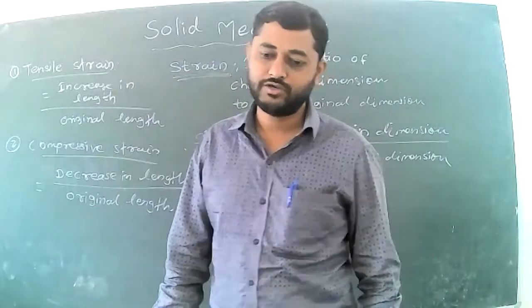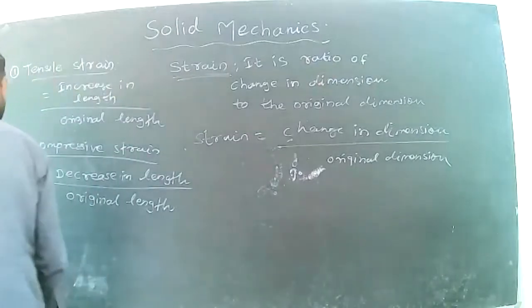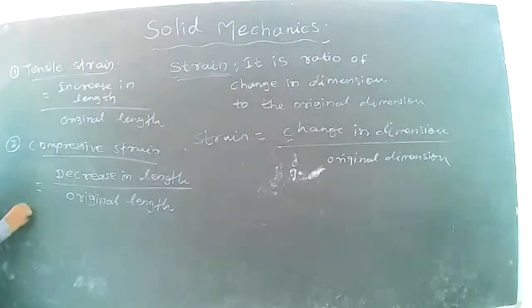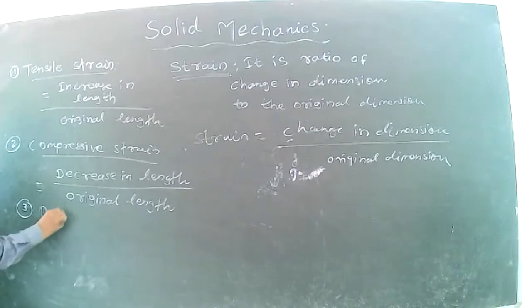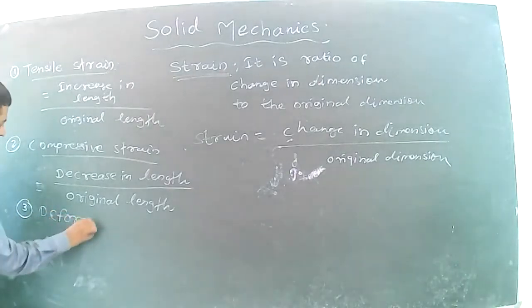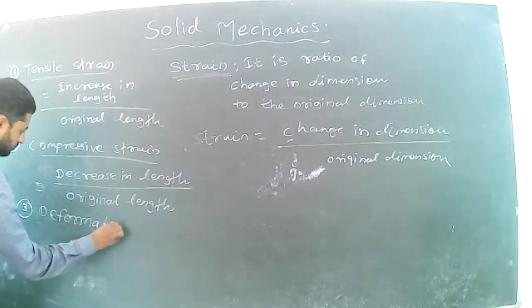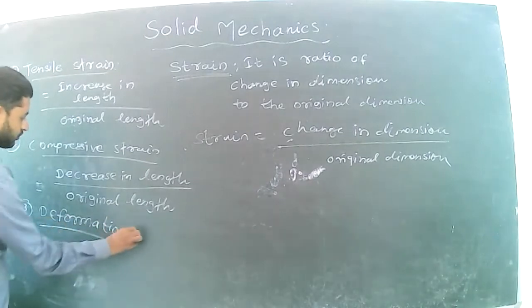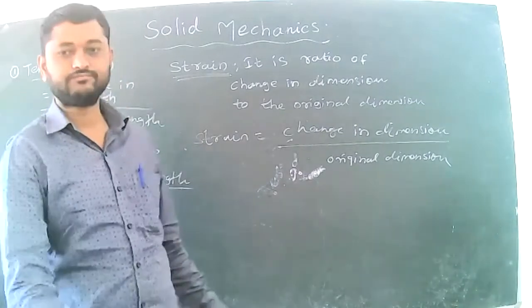And third, deformation. The third type of strength is deformation. So what is deformation?